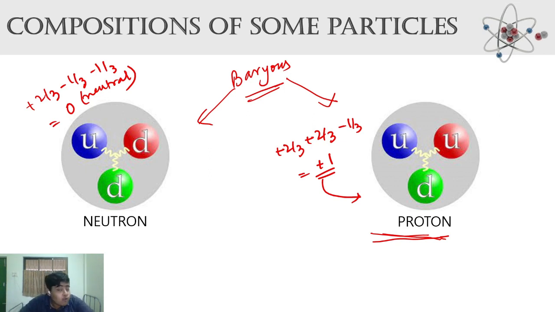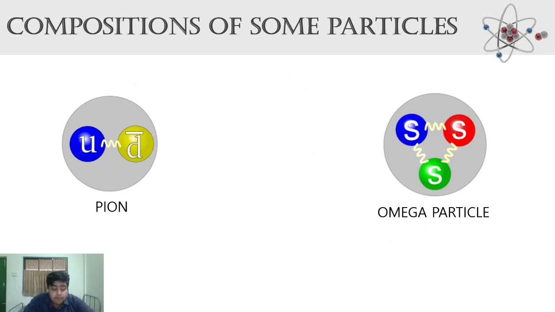Let's consider some more particles. Here we have a pion, which was already discussed while discussing the history of particle physics.